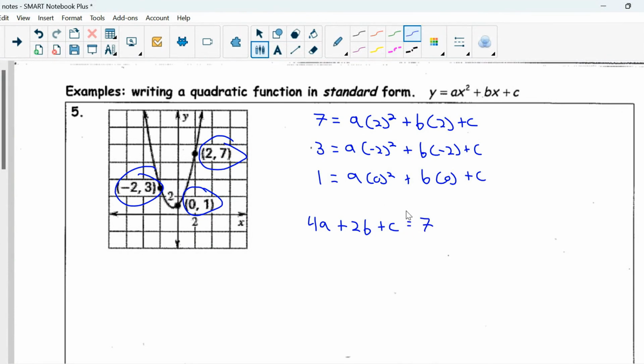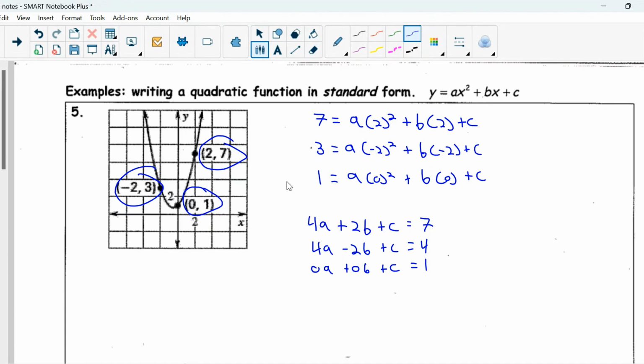Hopefully you guys are able to see what I did there. -2 squared, so that gives me 4a minus 2b plus c equals 3. Then finally, 0a, 0b plus c equals 1. Okay, so I just simplified and rearranged what I had over there.